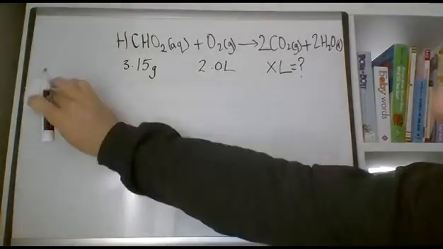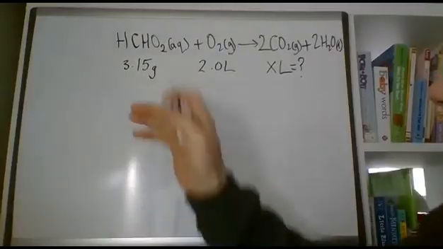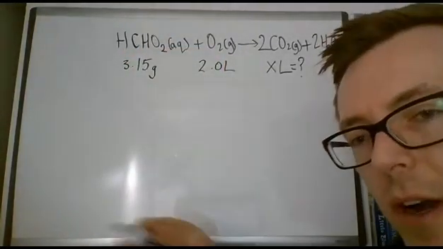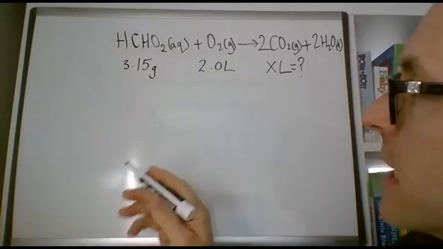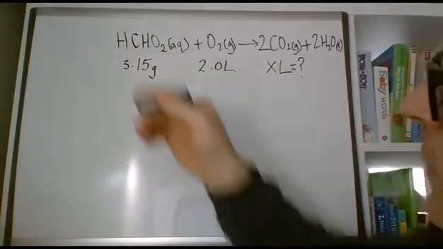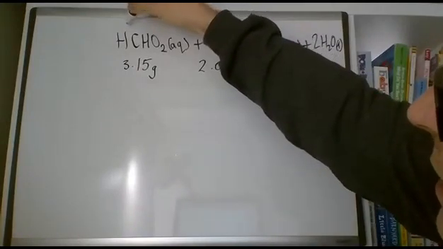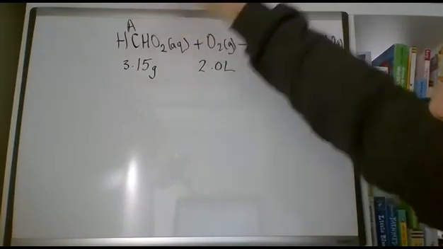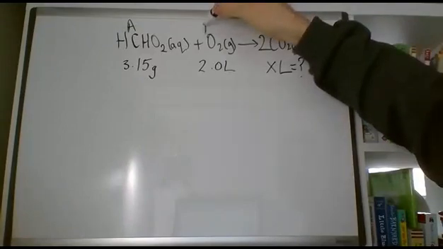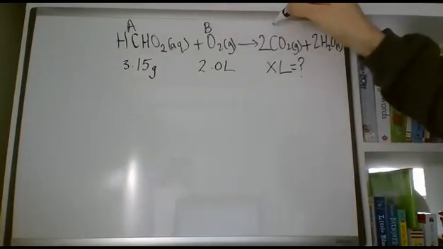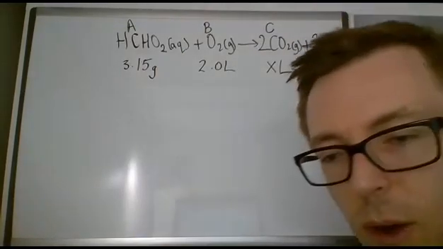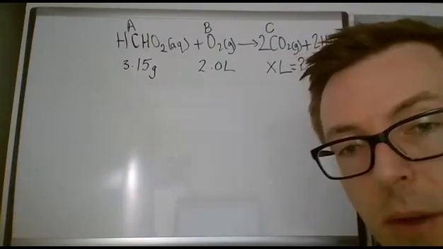HCHO2. And actually, what I typically do, instead of writing the chemical over and over again, I typically just give the chemical a symbol. So let's call this A. Let's call this B. Let's call this C. Just so I don't have to keep writing the chemical over and over again.